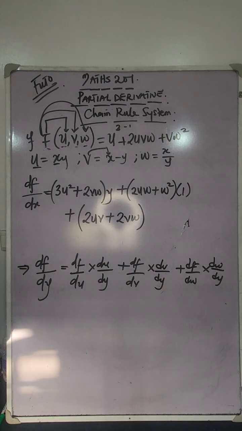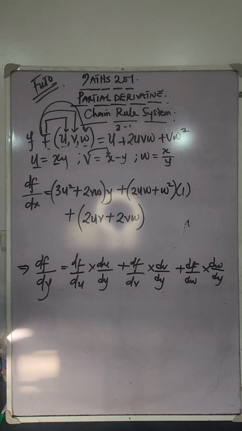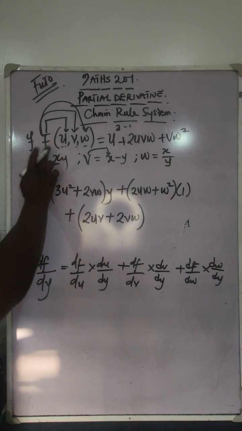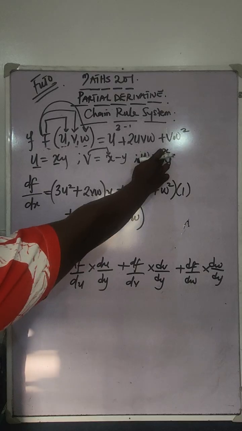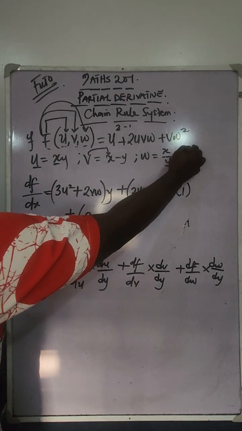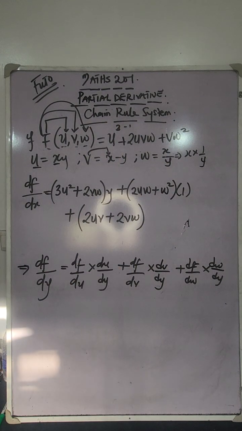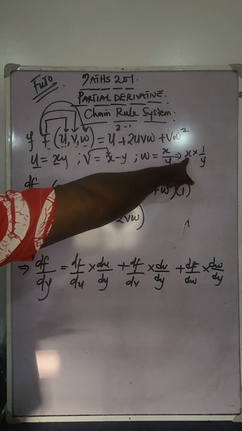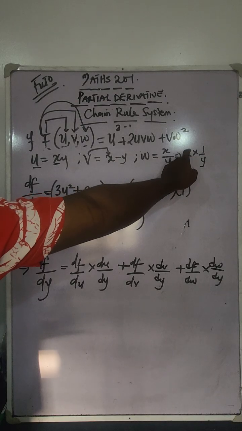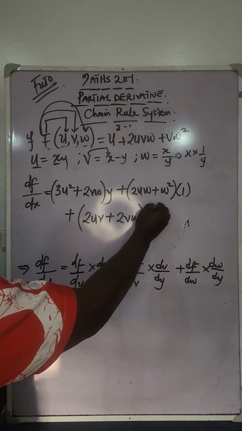So 2vw multiplied by dw/dx. Meanwhile, w can be written as x multiplied by 1 over y. So dw/dx, if you differentiate this with respect to x, this is 1 multiplied by 1 over y, that's 1 over y.